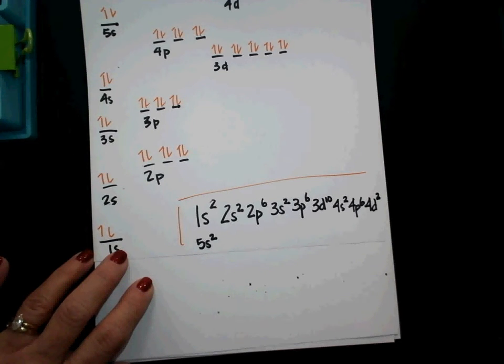Why did you pick 4d? Listen to this, because you're going to have to do it. It's the farthest one out. What else could you look at in 4d and know? Oh, that has to be the last one that filled. Is it full? No, it's missing electrons. So I know it's the last one that filled. Okay?